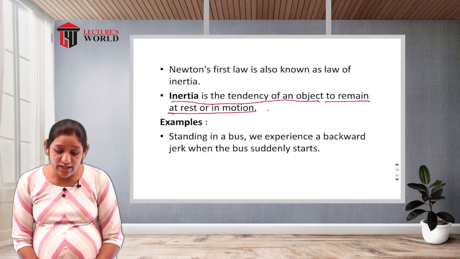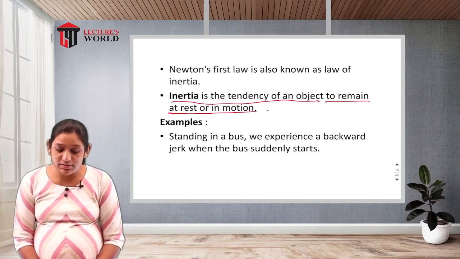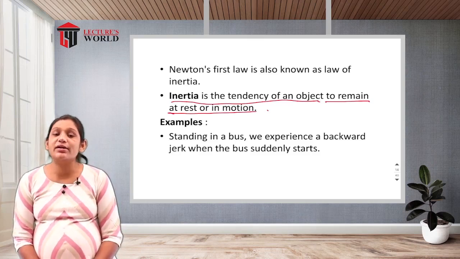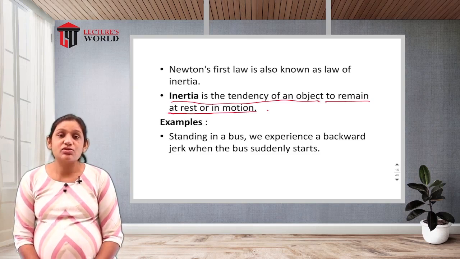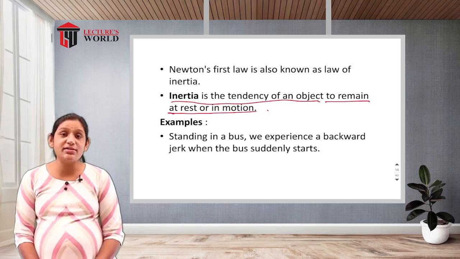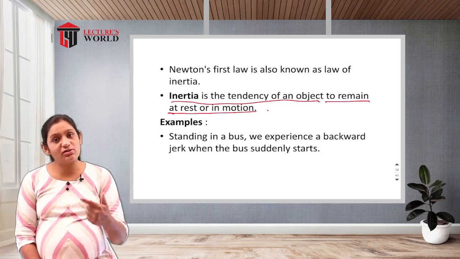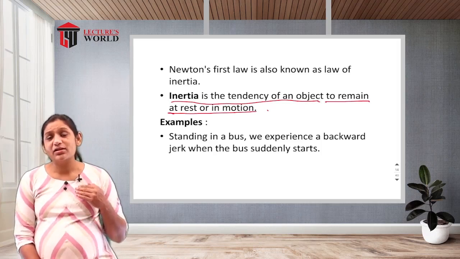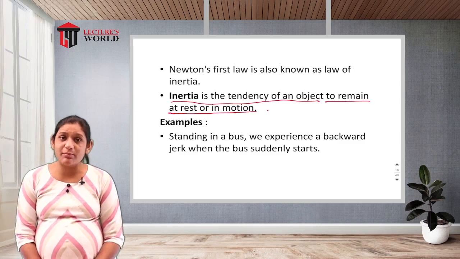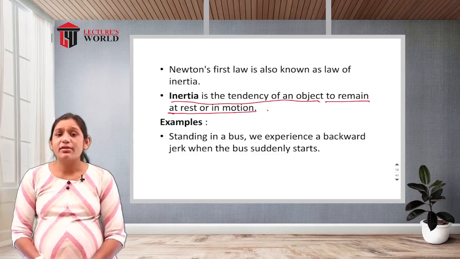Example: standing in a bus, we experience a backward jerk when the bus suddenly starts. While traveling in the bus, if the bus is moving, our body is also moving, but when any brake or jerk is applied, our body moves in a direction.